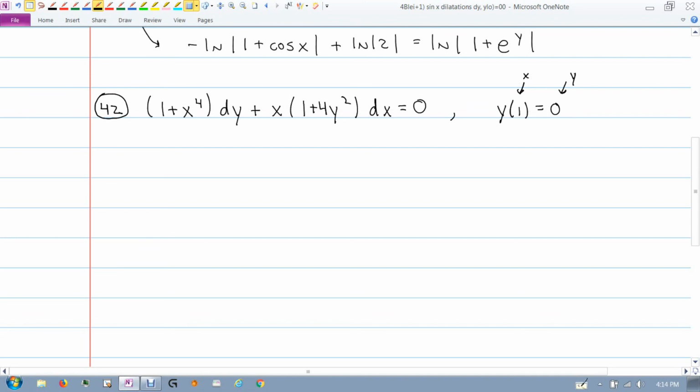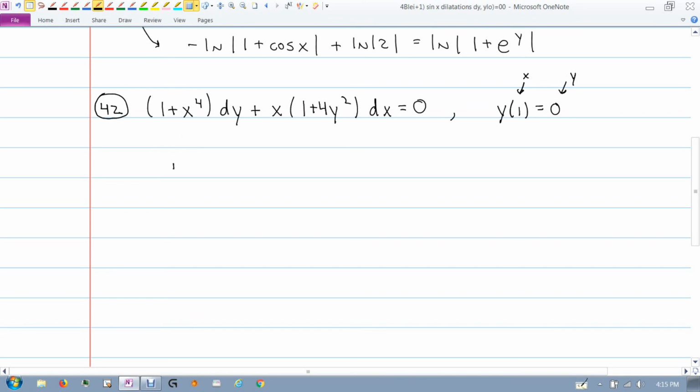All right, working with this equation here, let's divide everything by 1 plus x to the 4th, and simultaneously 1 plus 4y squared.